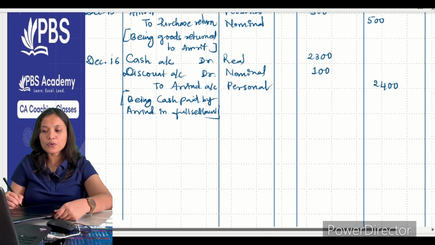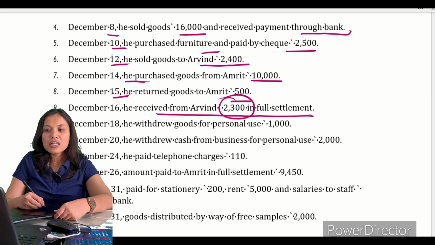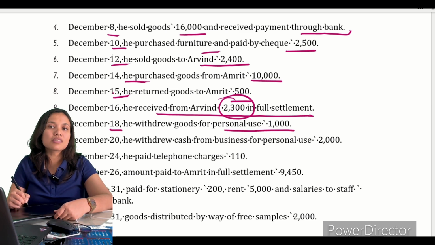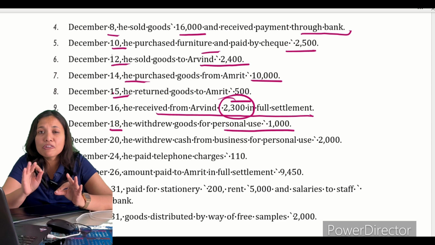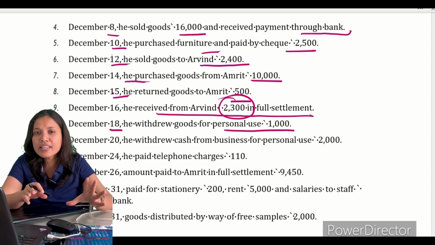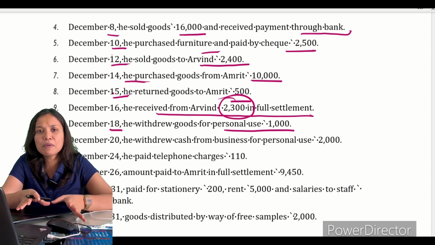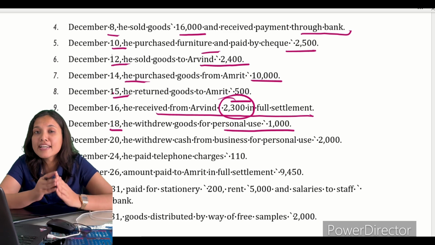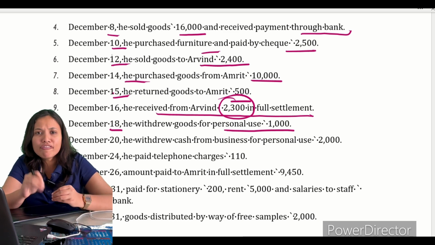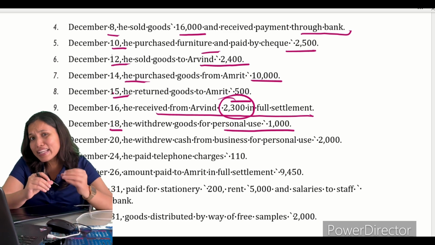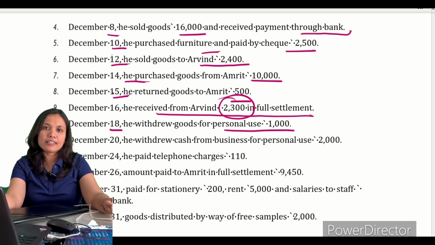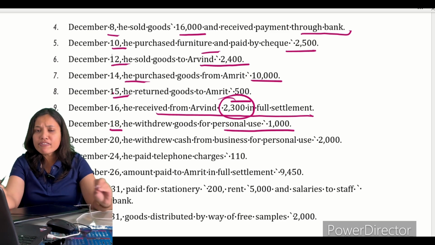Clear? Okay, interesting. See, December 18, he withdrew goods for personal use, 1000. Anything for personal use, always remember, it is always drawings. Anything for the proprietor's use is drawings. Clear? You should never forget this point.